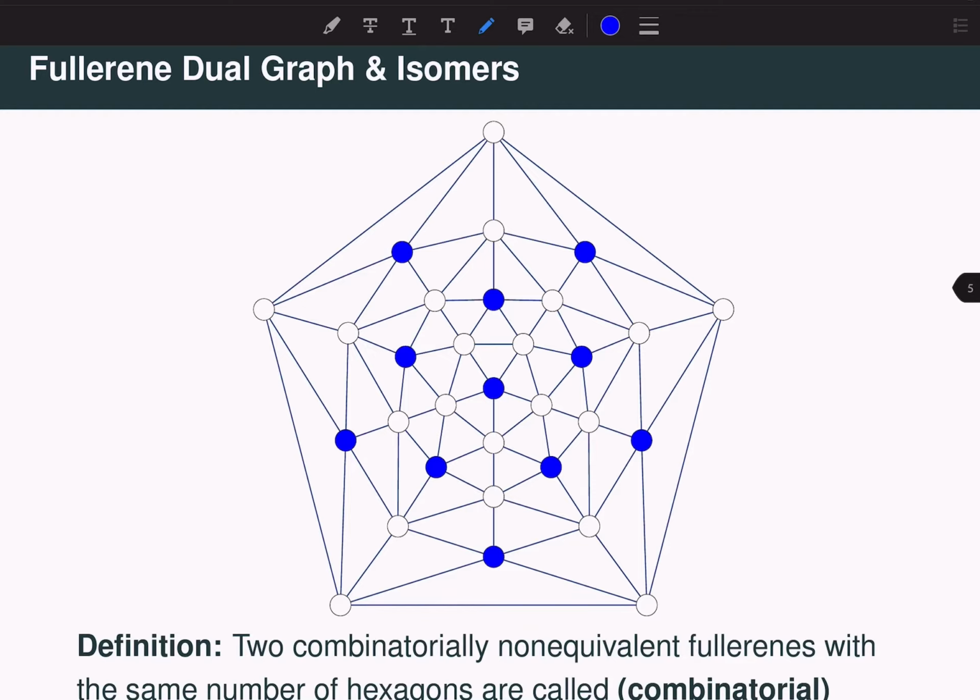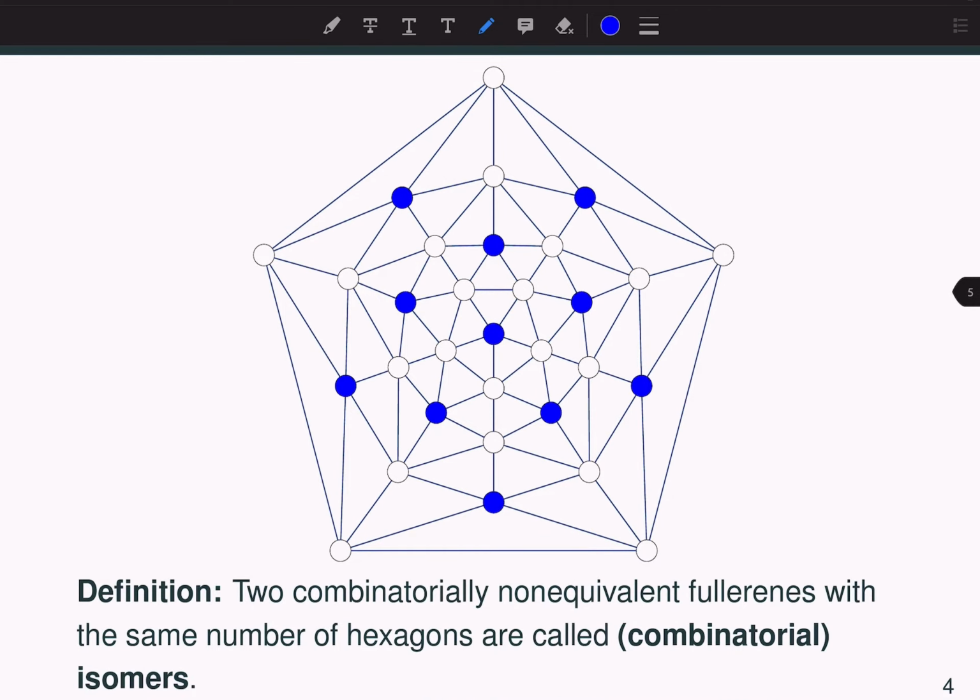They represent the hexagons. And in this context, we define isomers as fullerenes with the same number of atoms or hexagons, which are combinatorially non-equivalent. So the connectivity between the hexagons and pentagons is different.